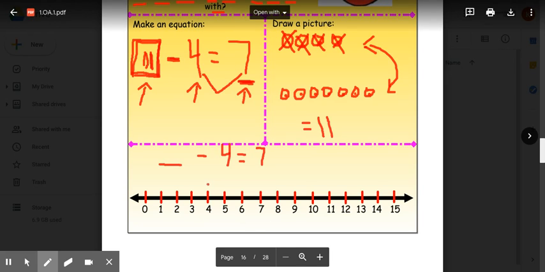I start out at 4 and I jump forward 7 places. 1, 2, 3, 4, 5, 6, 7. And I land on 11. Her sister took 4 magnets away. She ended up with 7. She started out with 11 magnets.